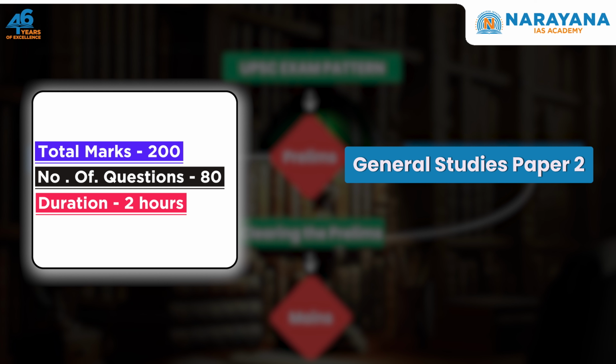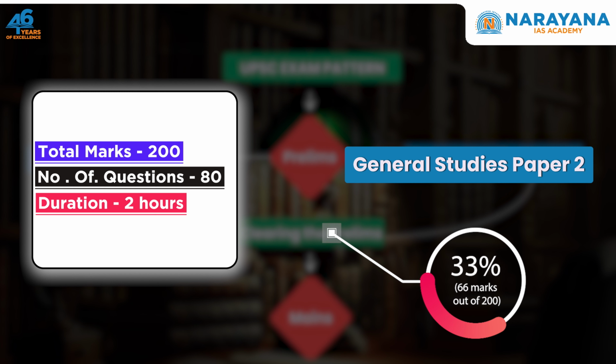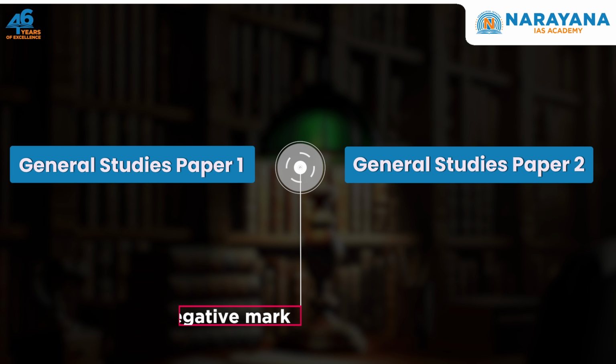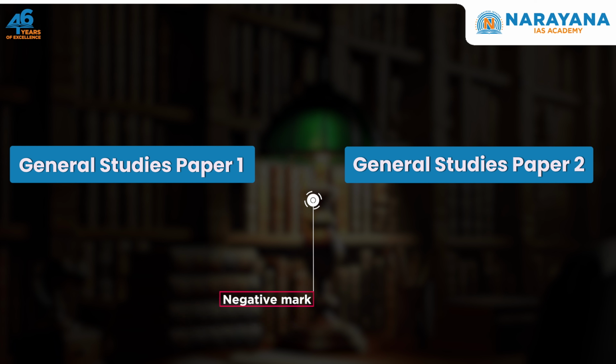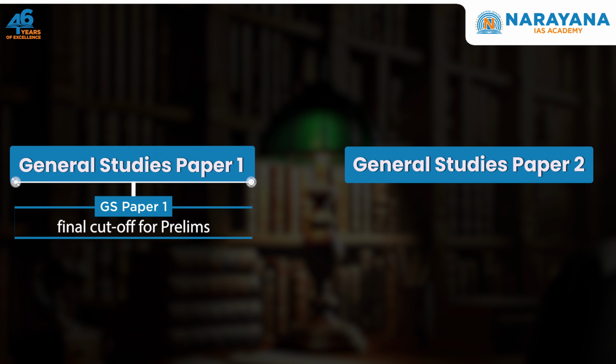This paper is qualifying in nature, requiring a minimum of 33%, that is 66 marks out of 200, to proceed to the mains stage. Both papers have negative marking for incorrect answers. However, only GS Paper 1 is used to determine the final cutoff for prelims qualification.